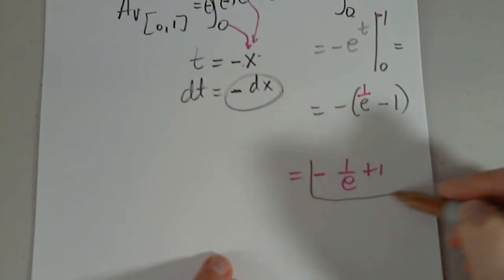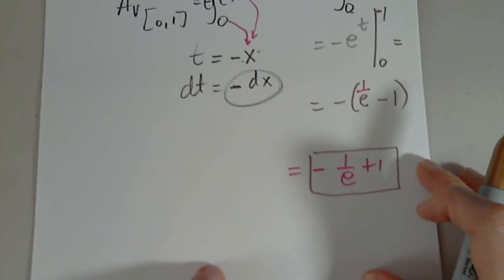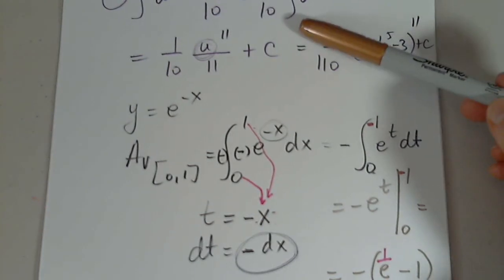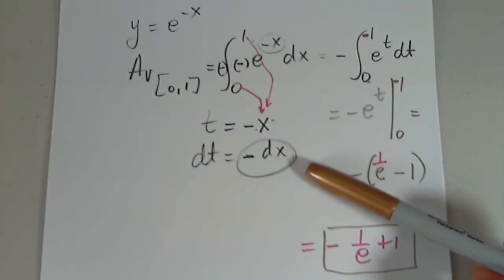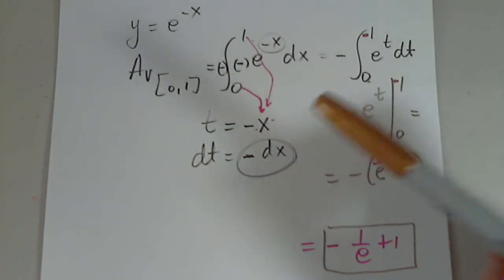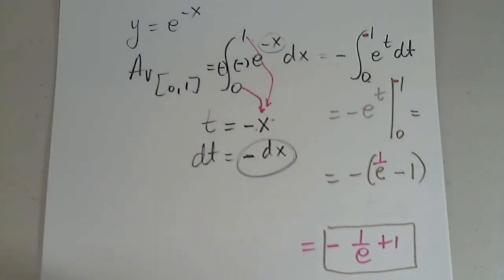And this is the final answer. That's the difference between the substitution rule for indefinite and for definite integrals. I would not recommend you go back to the previous function in determining definite integrals with the substitution rule.